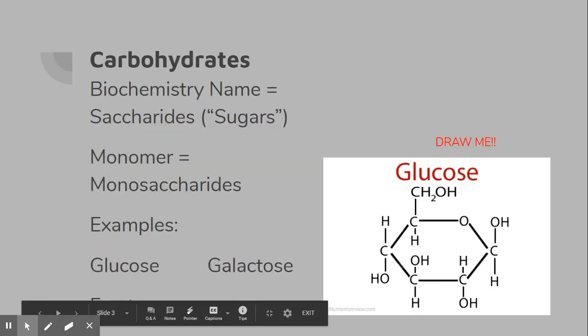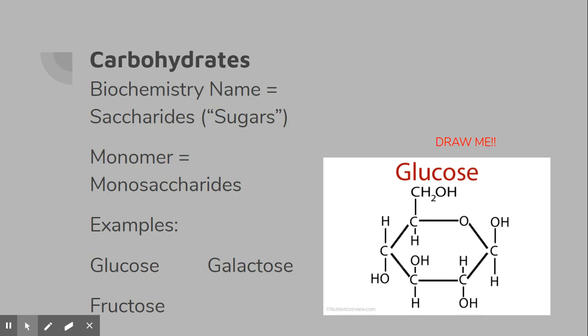All right, so without further ado, you should recognize this diagram here. This is the glucose diagram, an organic chemistry diagram of the structure of a glucose molecule. The three elements are carbon, hydrogen, and oxygen.